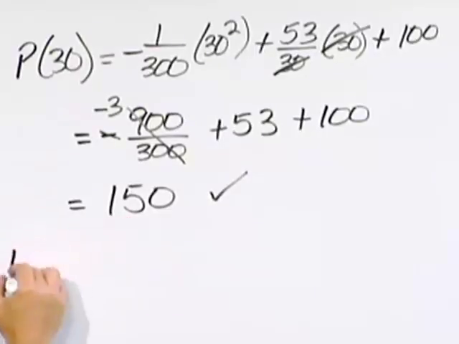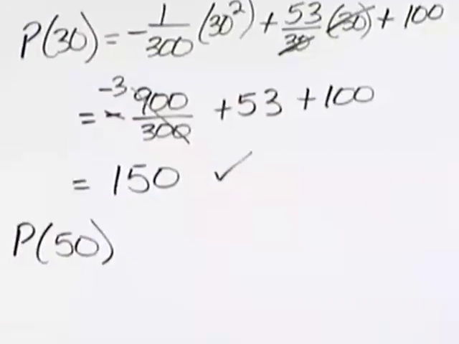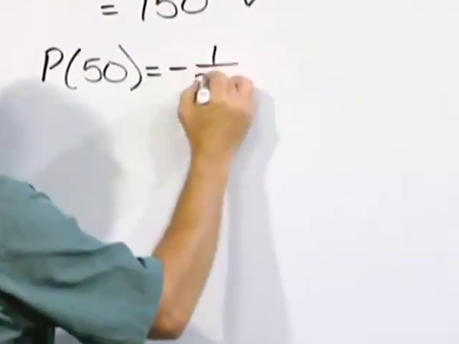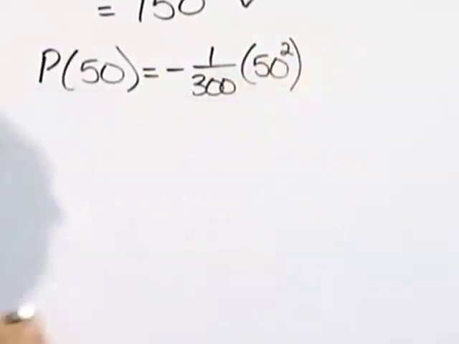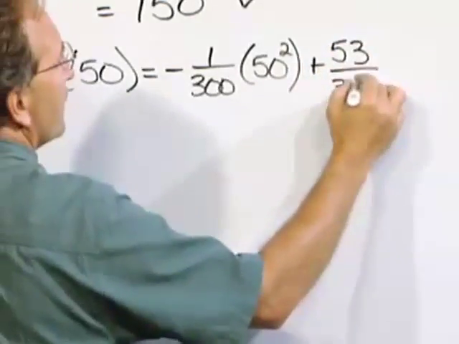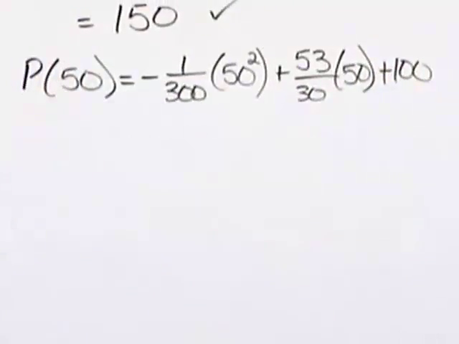The final numbers we have to check are, does P of 50 equal 180? So this would be negative 1 over 300 times 50 squared plus 53 over 30 times 50 plus the 100.